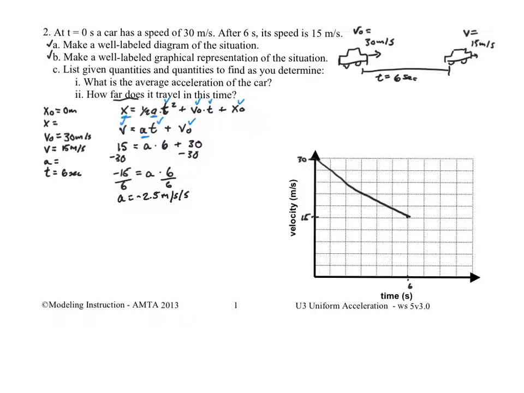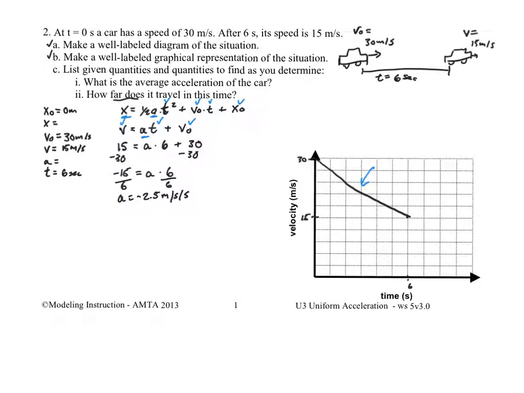And that makes sense because I have a negative slope on my graph over here. I can even double check that. The slope is negative, and negative 2.5 makes sense because it goes down 15 in 6 seconds. It better match up, because remember that equation that we just used came from this graph.